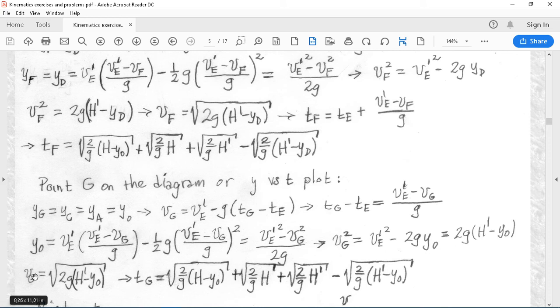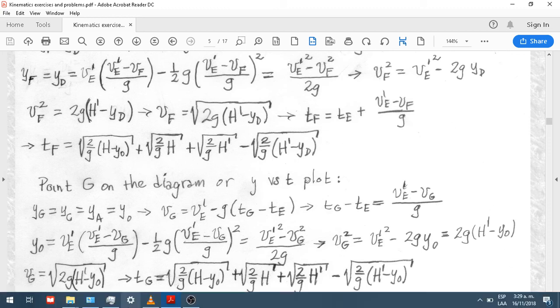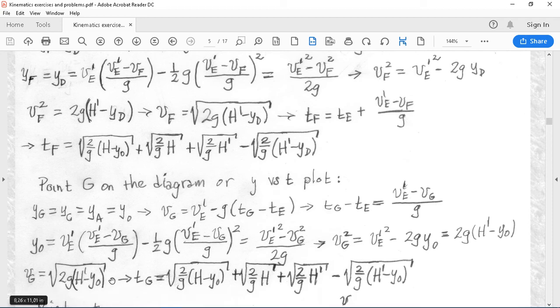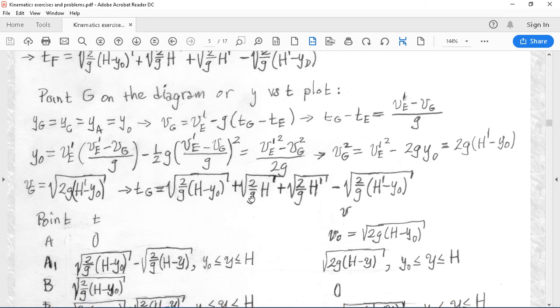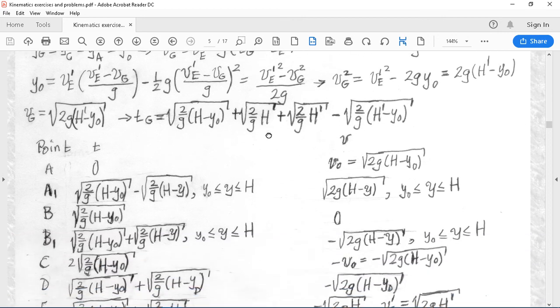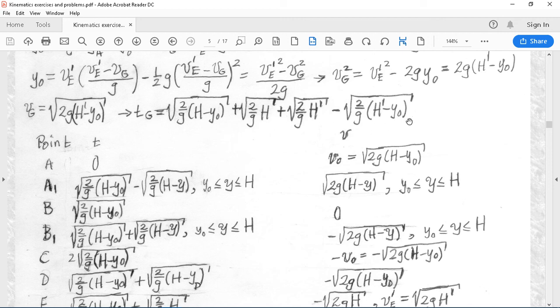So we have vG equals the square root of 2g times (h prime minus y0), and replacing this here, and remembering that tE is this, vG is this, and vE prime over g is this, vG over g is this, we get tG equals all this.